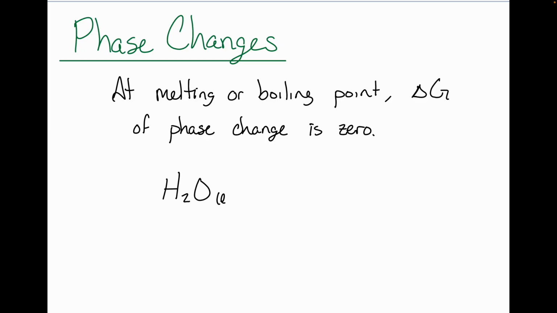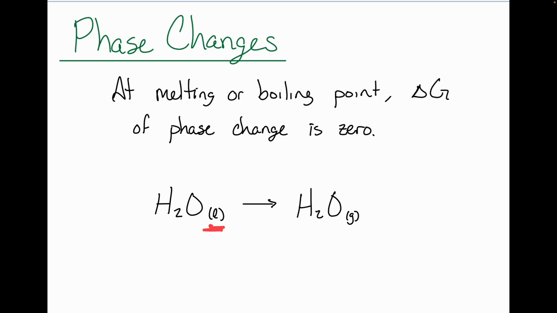Water goes from liquid to a gas. This would be the boiling of water, going from that liquid phase to that gaseous phase. If we were at our boiling point, the delta G of this reaction would be equal to 0.